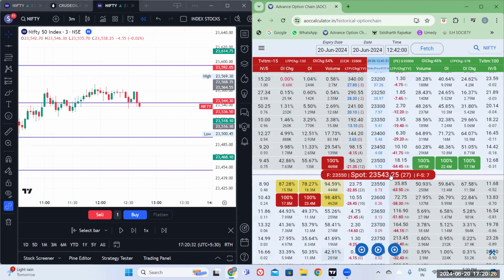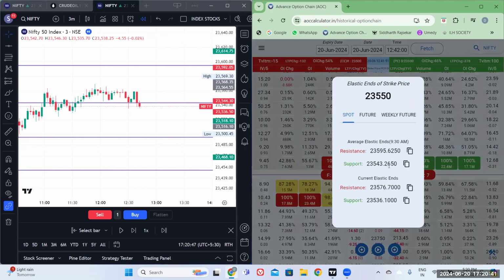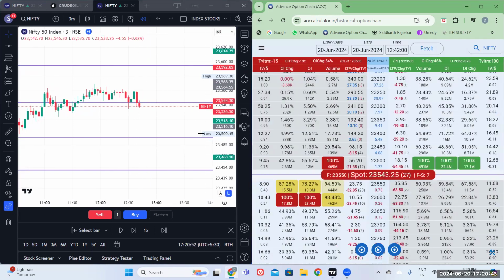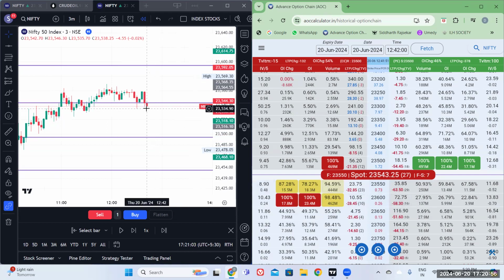Okay. And even if the weakness shifted here, let's assume it's 23,550. We are at 23,543. That's a support of 23,550. So even if the resistance had shifted from here to here, this trade would have been holding.